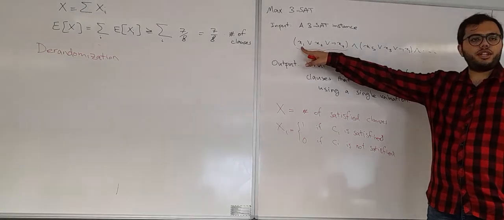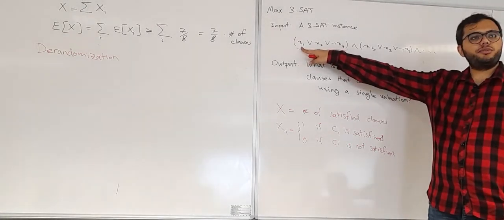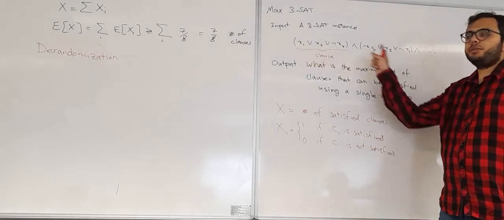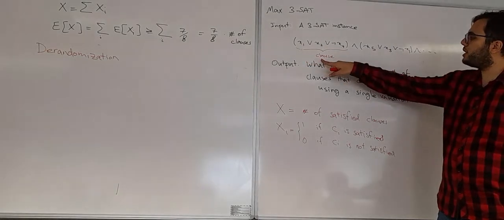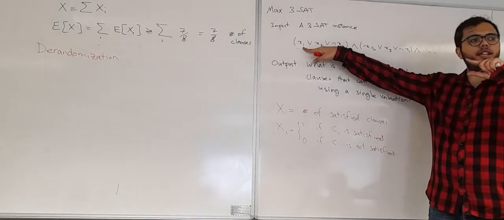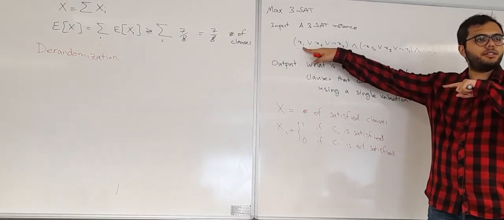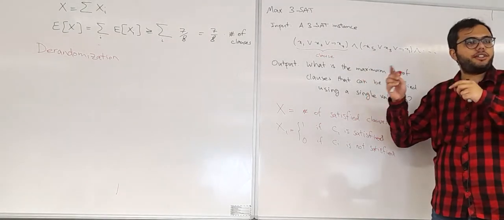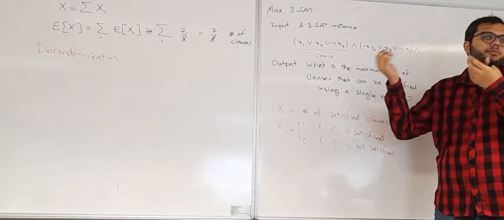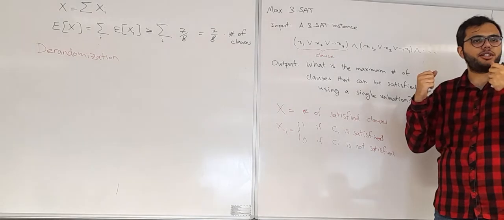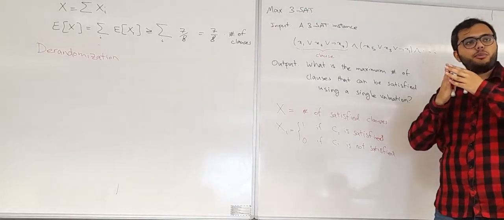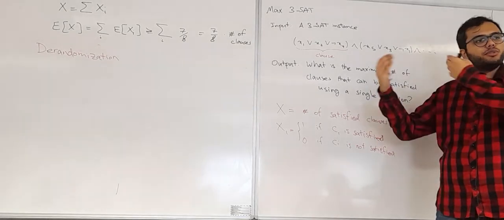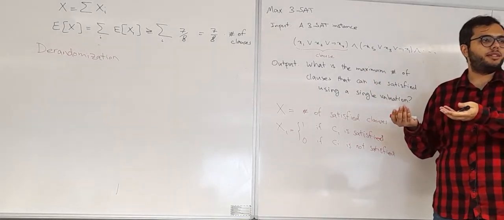It's half, okay? But assuming x1 is true, what is the expected value of the number of clauses that will be satisfied? Well, I can go to every clause that has x1 and mark that one as definitely satisfied. Then I can go to every clause that has not x1 and remove not x1 from that clause, because that's not going to help with the satisfaction. And then I can compute the expected number of clauses that will be satisfied if I use my randomized algorithm.